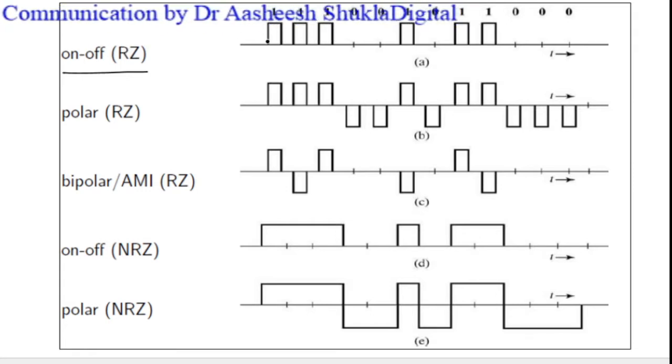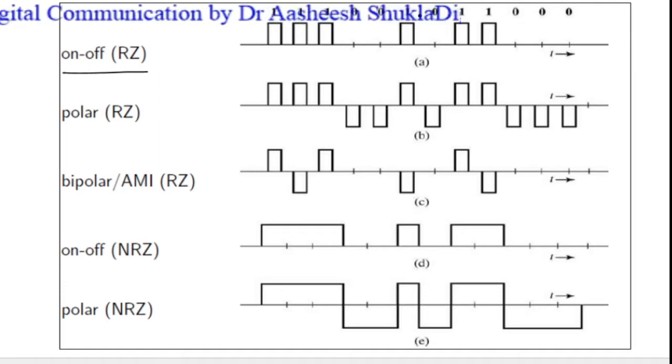This is our information, 11100101100. For 1 we have a high pulse, and again for 1 a high pulse, and for 0 we have a zero pulse.